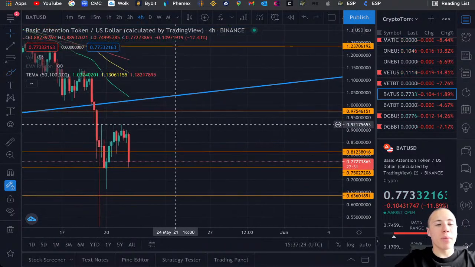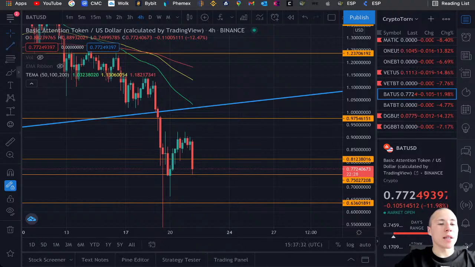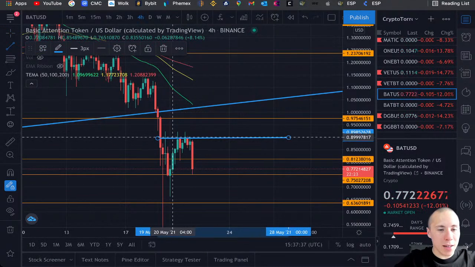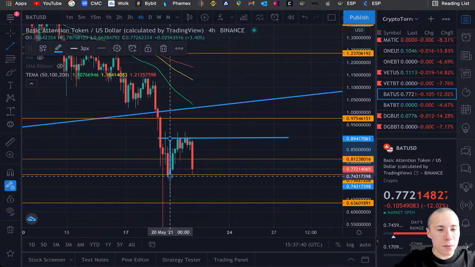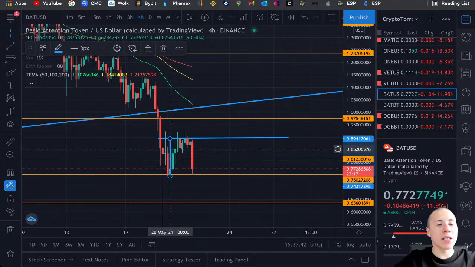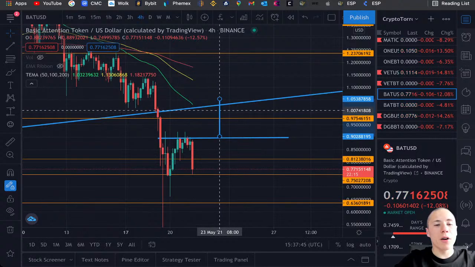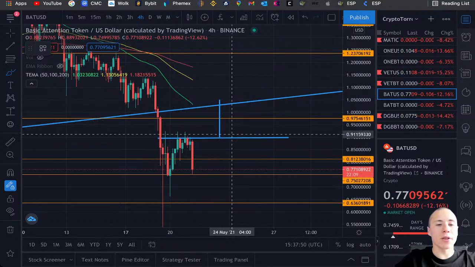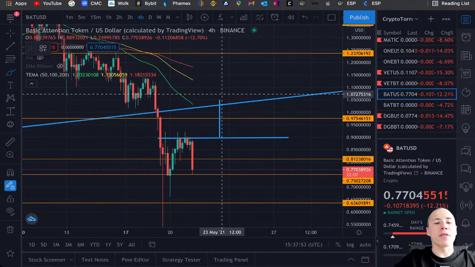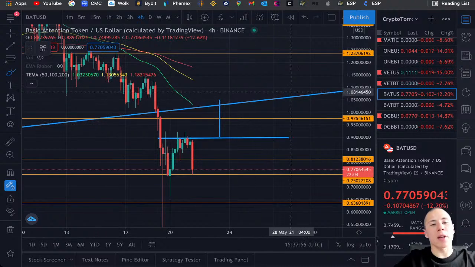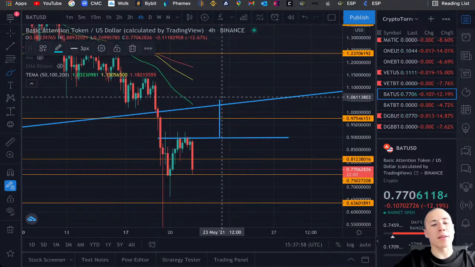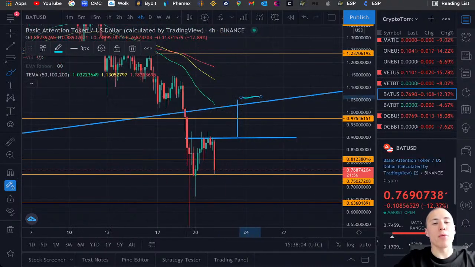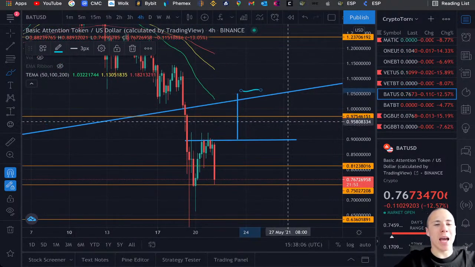So if we break above this neckline, the move towards the upside that we could be seeing would be a potential move of approximately, let's take a look by measuring this part over here, and that would give Basic Attention Token enough strength to go not only above this upward sloping resistance and finding support right on top of it, but also re-entering the previous uptrend, and that would be really significant and amazing if this happened.